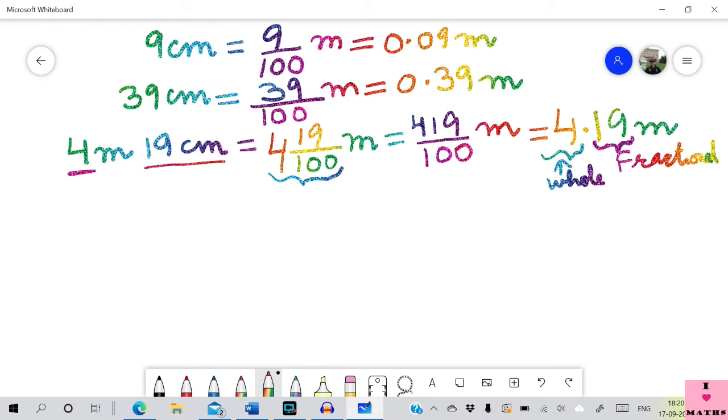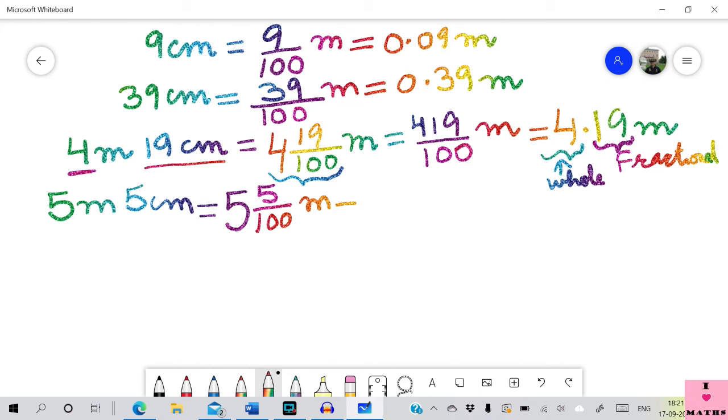Let us take another example. If I have a ribbon which is 5 meter 5 centimeter, we can write it as 5 whole 5 upon 100 of a meter.